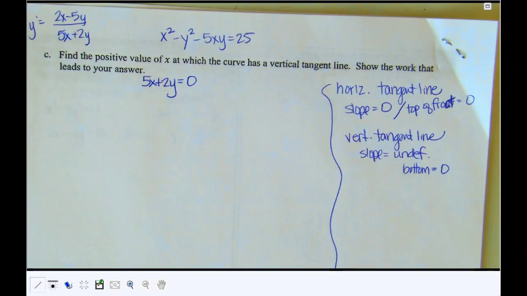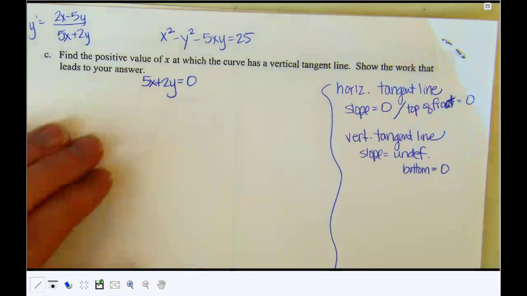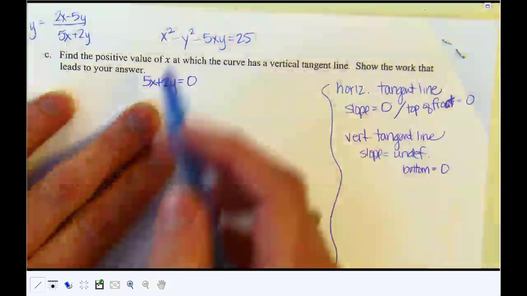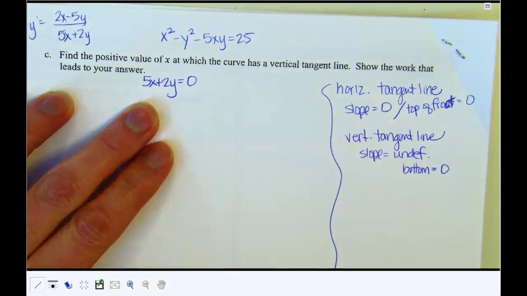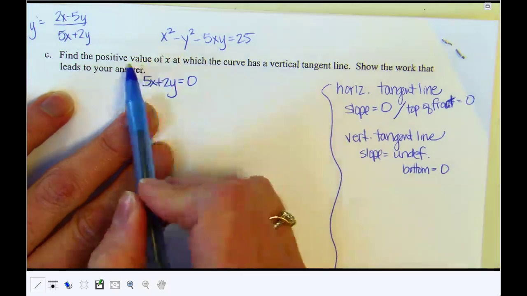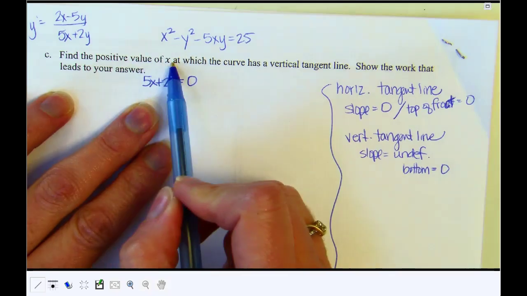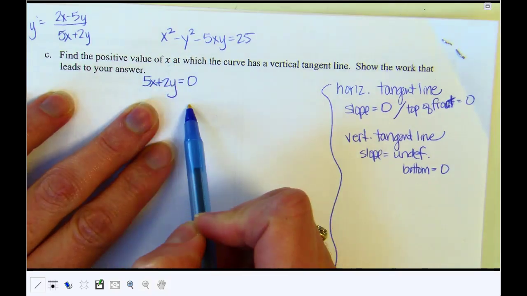Okay, but this is an equation. There are infinitely many answers where 5x plus 2y could be equal to 0. So what you have to do with this, we're going to actually solve for y. It's a little counterintuitive, but if you are looking for an x value in your answer, you want to solve for the other one.